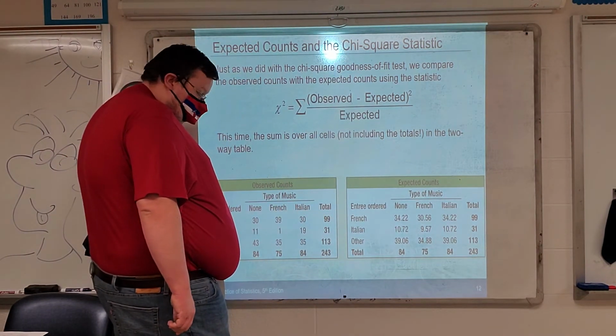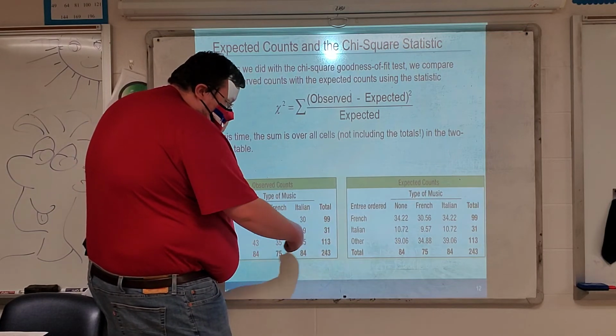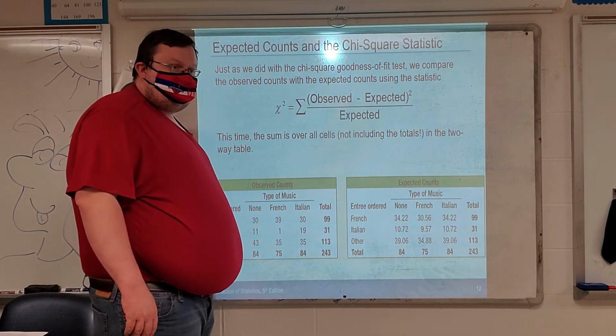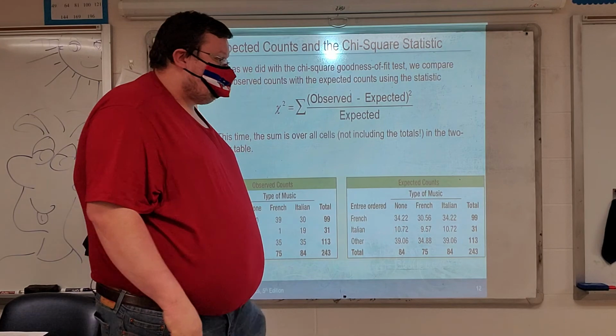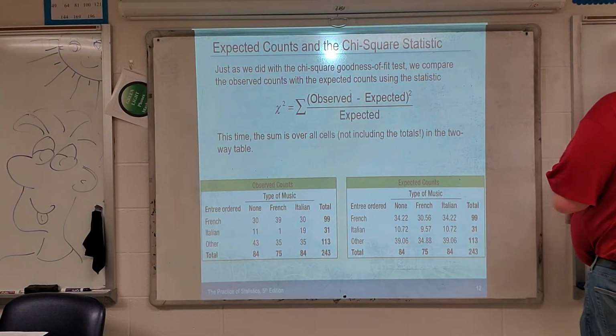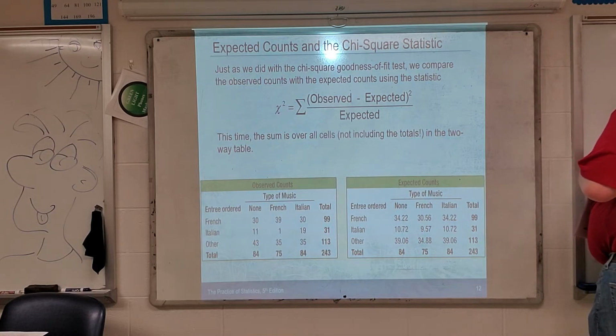How do we put it in the calculator? Because now it's saying I'm wrong. 75 times 31, all over 243, or divide it by 243 after you get an answer. I would do it as a stacked fraction. Type it in as row total times column total divided by table total.